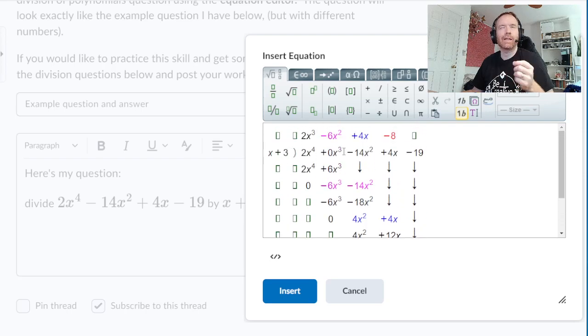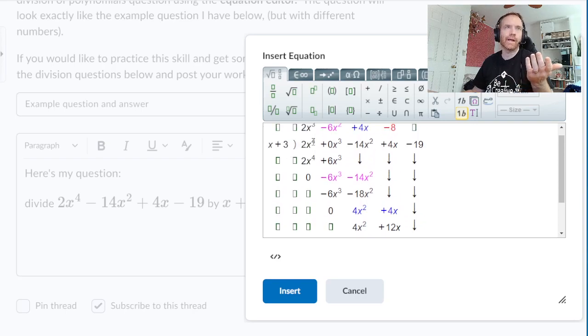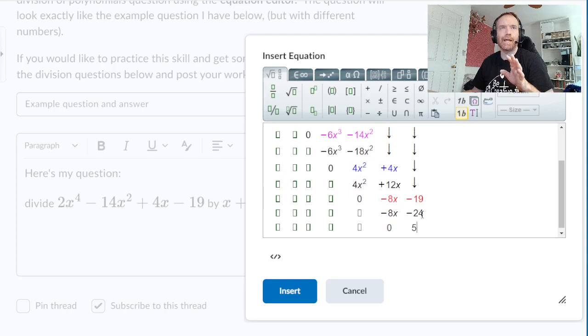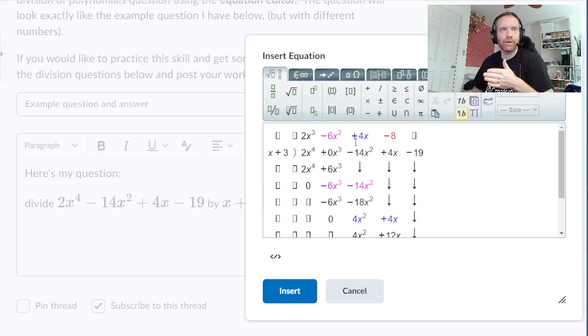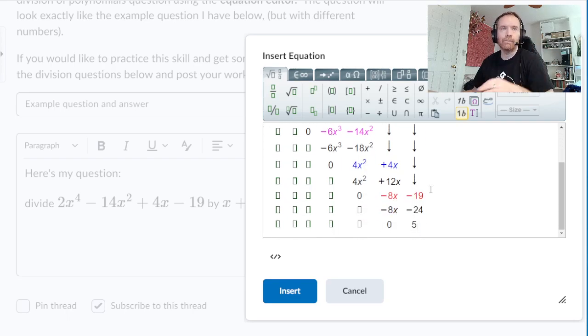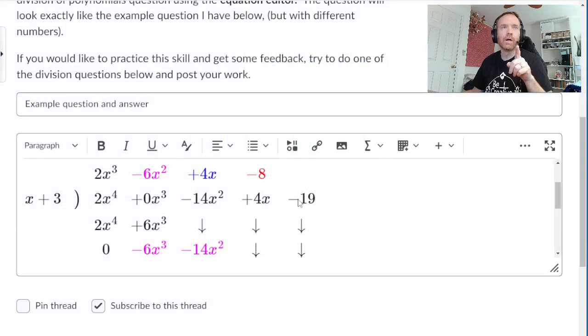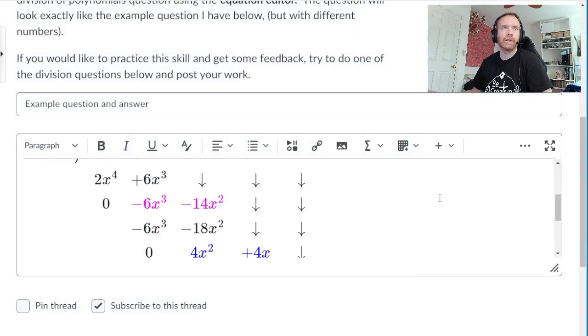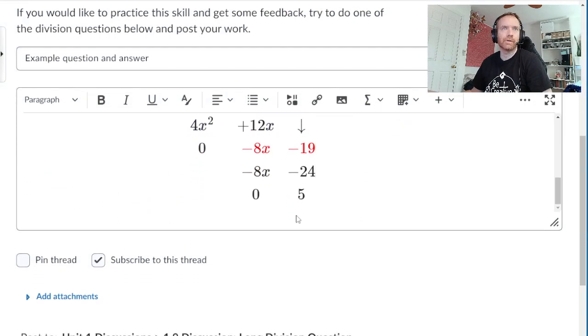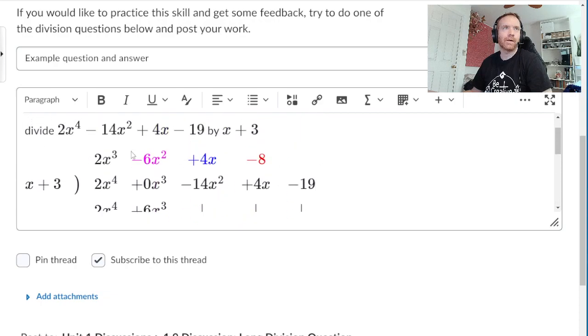I can't think of a reason why any of them would be longer than this, because an x to the 4 is as long as they're going to get. So 10 rows down and 7 rows across seems to do it. But anyway, this last number at the end represents your remainder. So when I go to insert this, right, you can see my division process is very clear.